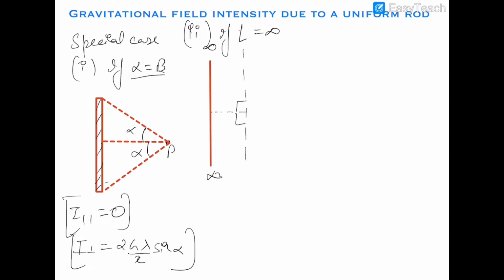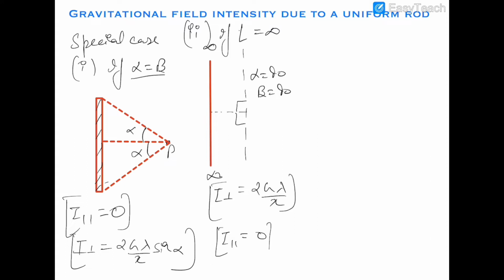This is 90, this is 90. So alpha is equal to 90, beta is equal to 90. So I perpendicular will be equal to 2G lambda by x, as sine 90 is 1, and I parallel would again be 0.